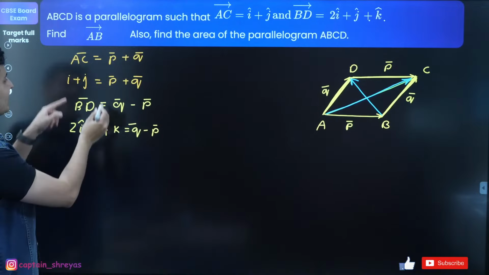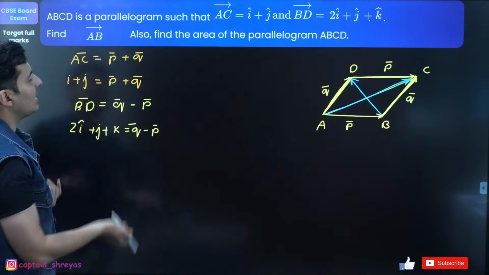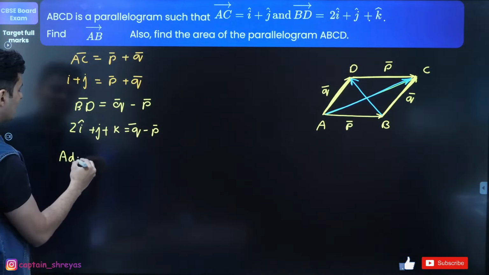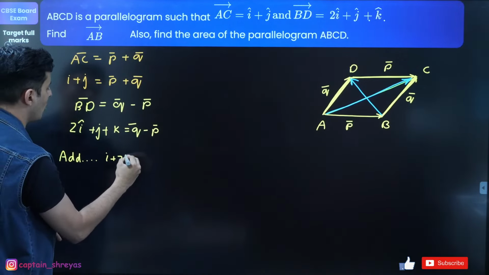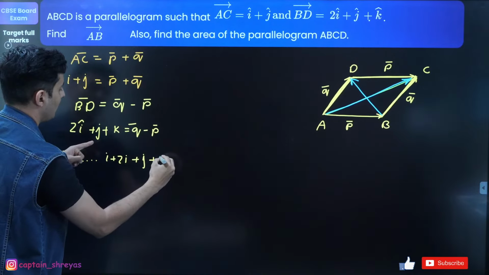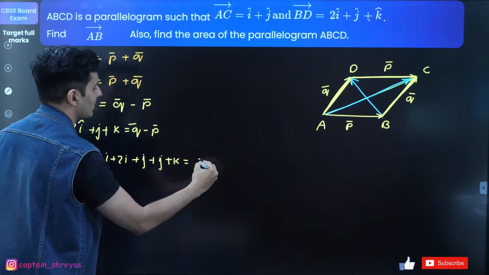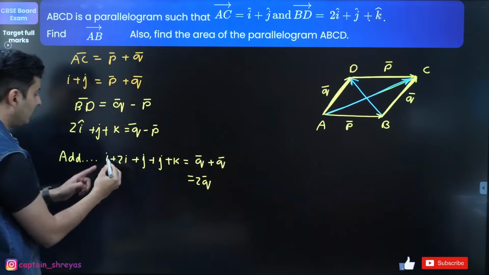Now you can just add both of them, or even subtract both of them, to find the value of AB or the other one. If you add, see what you get: I plus 2I plus J plus J plus K. P and P cancel, so you'll be left with Q plus Q, which is 2Q bar.